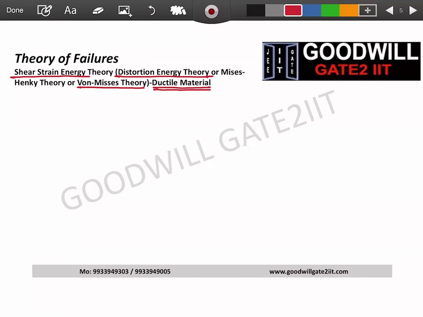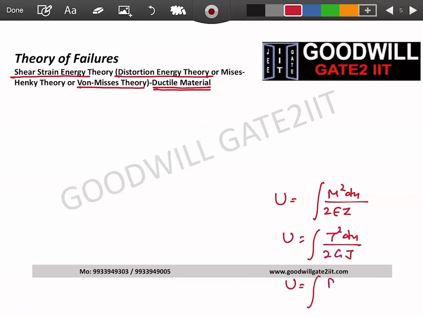And if you recall, we have learned something like this: M squared dx divided by 2EI. In torsion, strain energy was T squared dx divided by 2GJ. In axial loads, it is P squared dx divided by 2AE and so on. But we have not learned anything like shear strain energy.